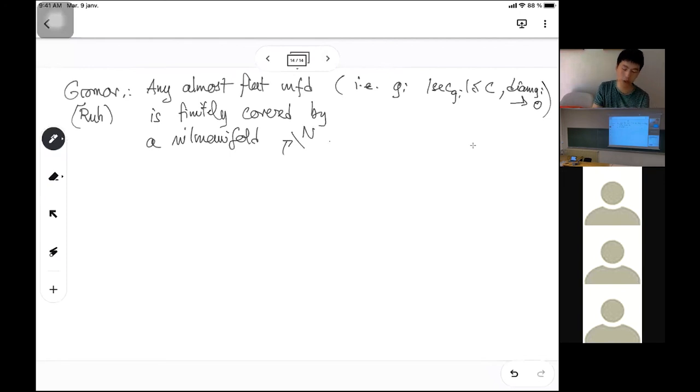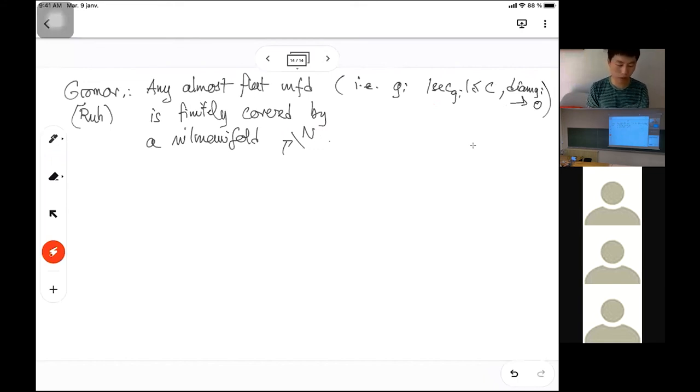And Ruh improved it by saying this is not any finite cover; you have some structure for this cover. Let's not get into that. What's important here is that any manifold such that you have a sequence of metrics with bounded sectional curvature and diameter going to 0 is given by a finite quotient of a nil manifold.